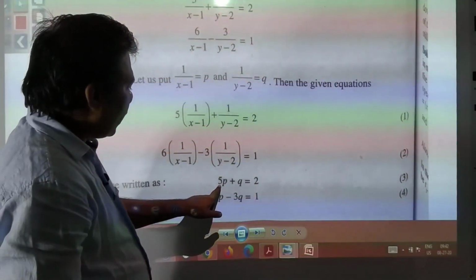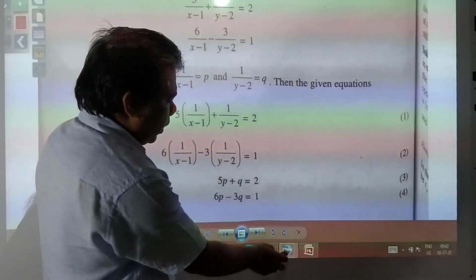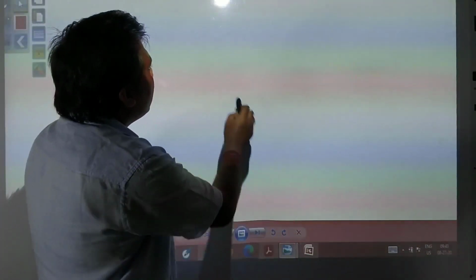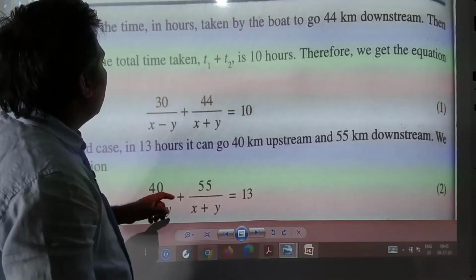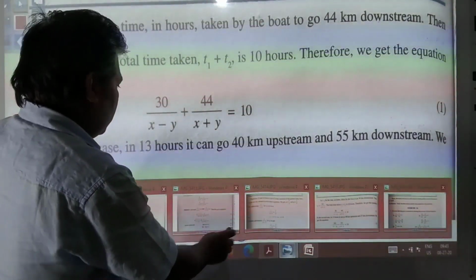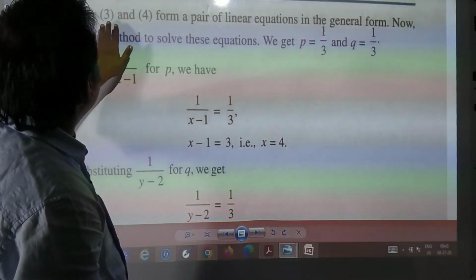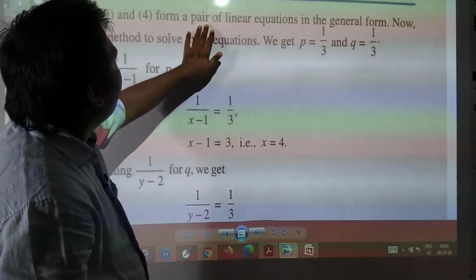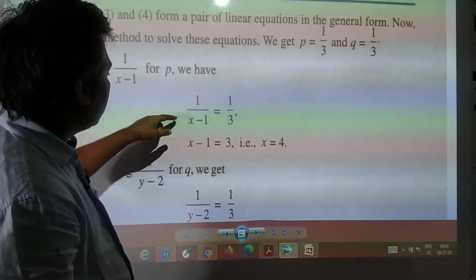So here you see 5p plus q is equal to 2 and 6p minus 3q is equal to 1 we have. Equations 3 and 4 form a pair of linear equations in the general form.